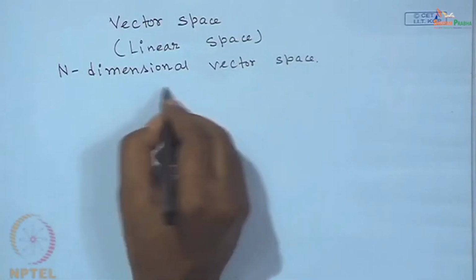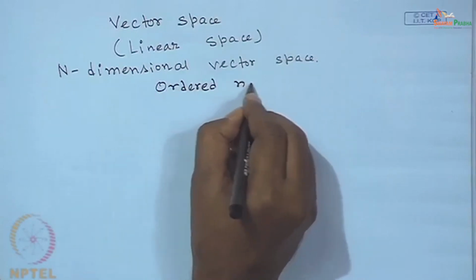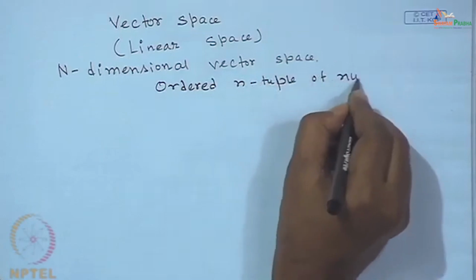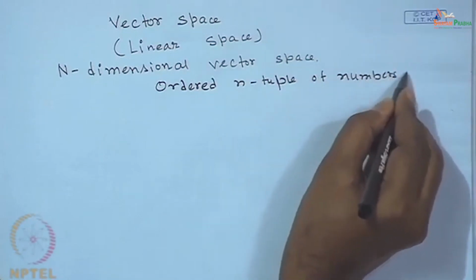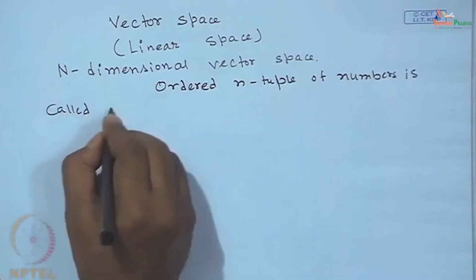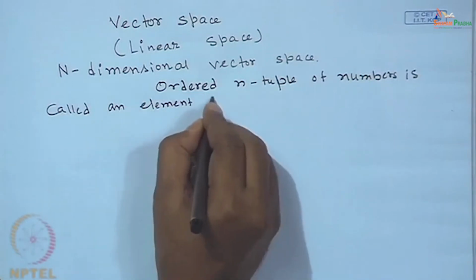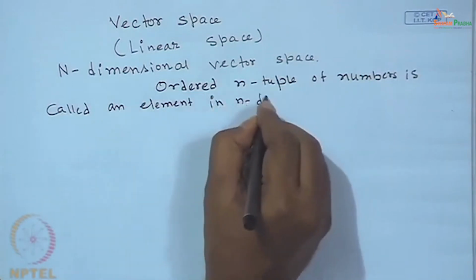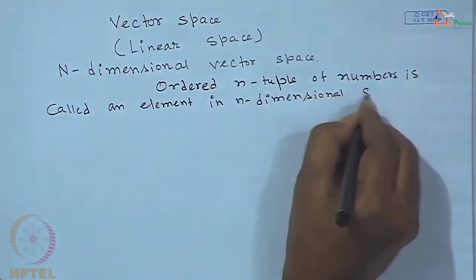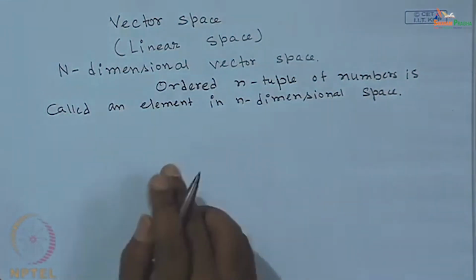The definition is: an ordered n-tuple of numbers is called an element in n-dimensional space. That means there are n elements in a vector.